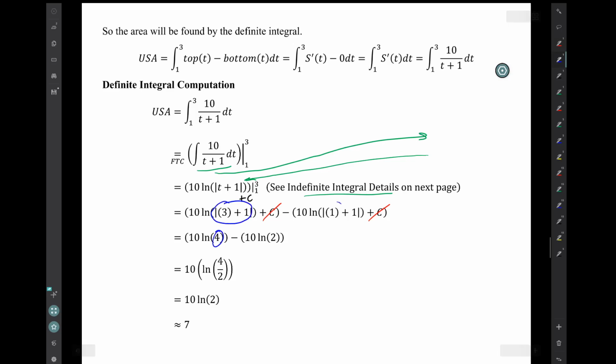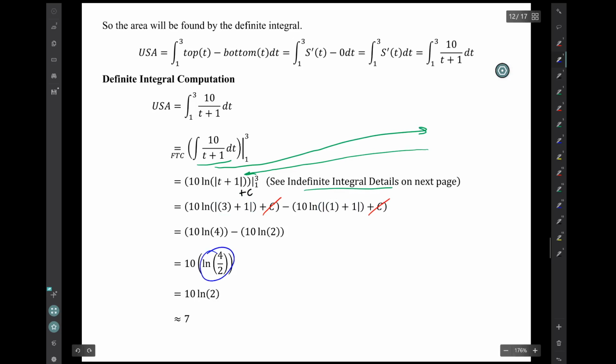The absolute value of 1 plus 1 is just the number 2. And then the arithmetic of logarithms, ln of 4 minus ln of 2 is just ln of 4 over 2, which is just ln of 2. So the exact answer is this expression, 10 ln of 2. Rounded to the nearest integer, that's the number 7.